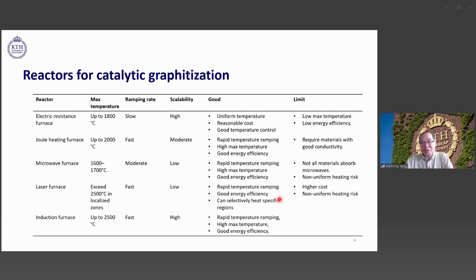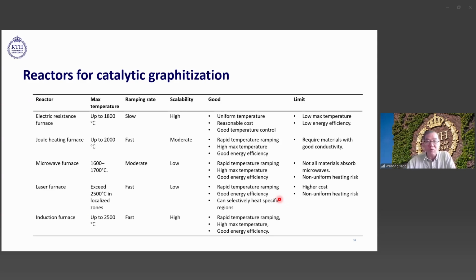Let's put everything together. We have electric resistance heating, geoheating, microwave heating, laser, and induction furnace. Basically, the resistance furnace is widely used in today's industries.